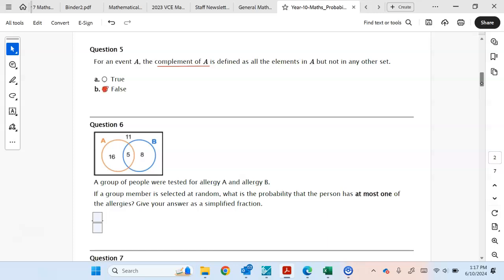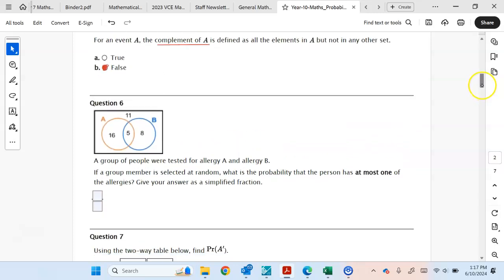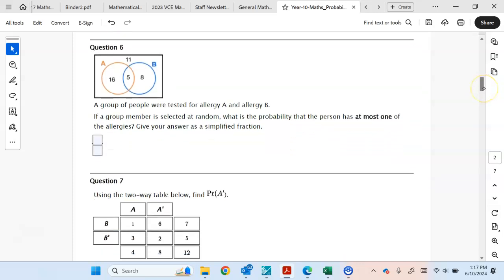Bit of a weird question, the wording there. But understanding the complement is not A: you've got A, and then the complement of A is everything but A.